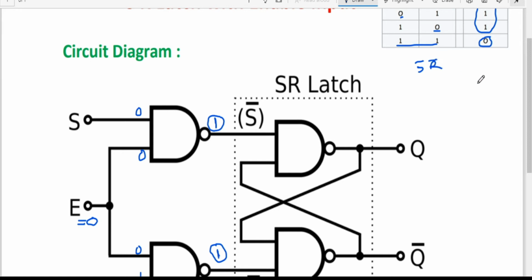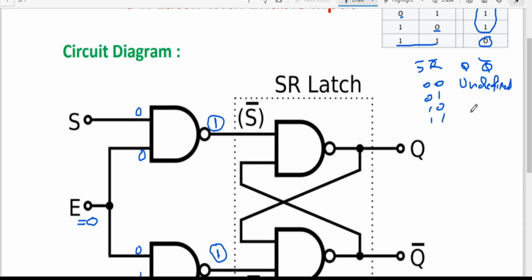Then we have the Q and Q bar, or the state we call it. The inputs are 0 0, 0 1, 1 0 and 1 1. When it is 0 0, it is an undefined state.